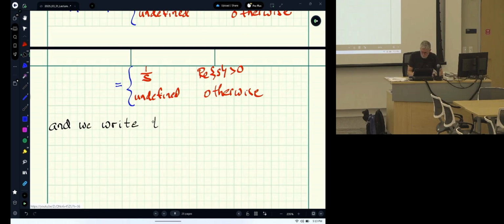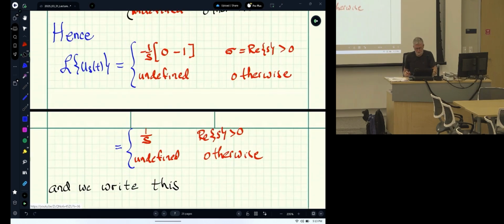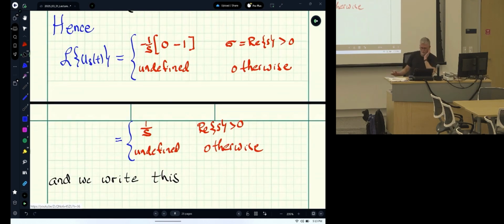And we write this in a much more convenient form, because having these cases, that's really awkward.